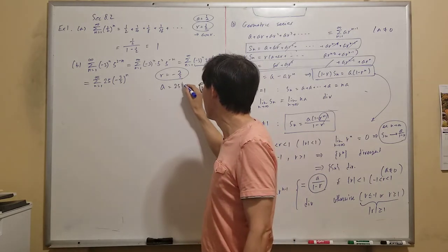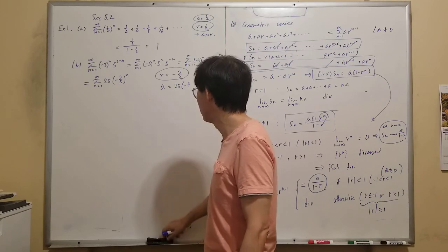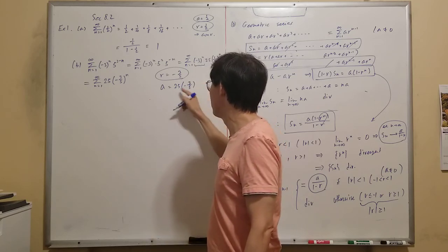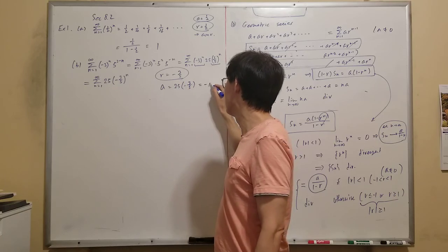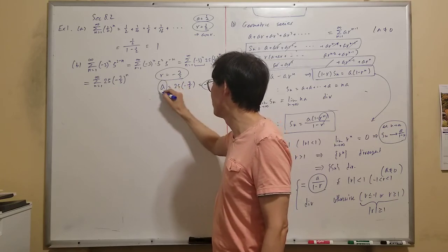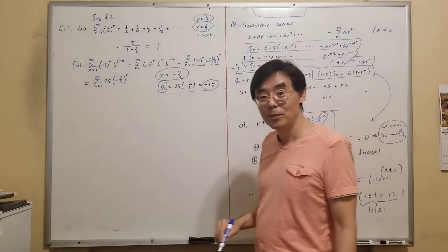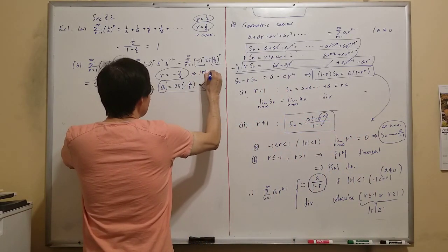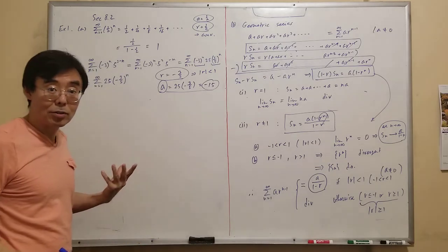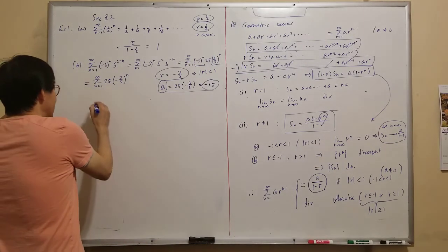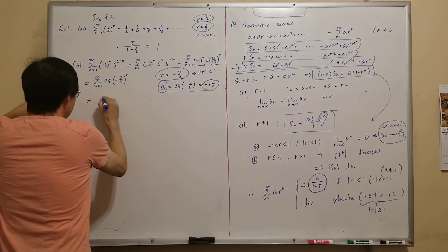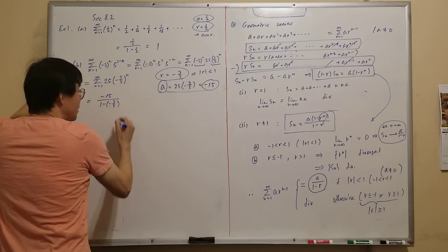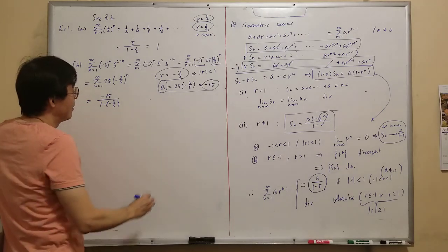Plug it in: you get 25 times negative 3 over 5, n equals 1, right? 5 cancels, 5 times 3, negative 15 is your first term. And obviously, in that case, this satisfies the convergence condition. So it is a convergent geometric series with first term minus 15, over 1 minus common ratio r, right?